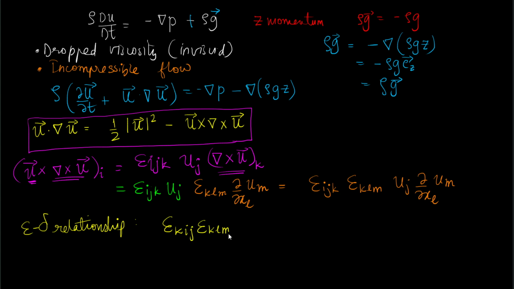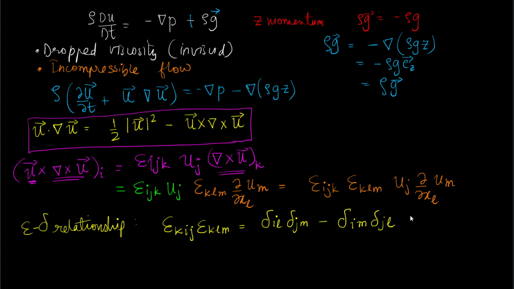So we can cycle it without losing any property of the alternating tensor. So this is equal to delta il delta jm minus delta im delta jl. This is called the epsilon delta relationship.